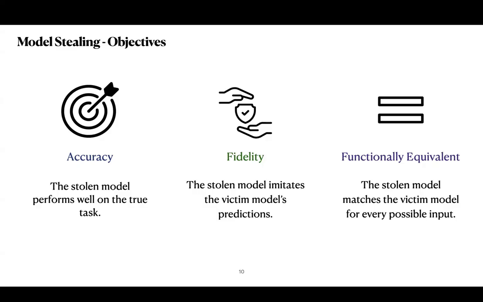You want to mimic the behavior of this model that is behind the API. This means it should match the behavior of the target model in the true cases and also the false cases. So you want your stolen model to predict those data points as false if the model behind the API predicts them false as well.